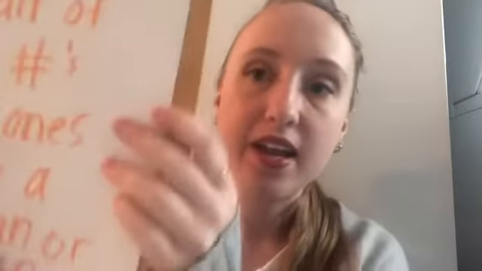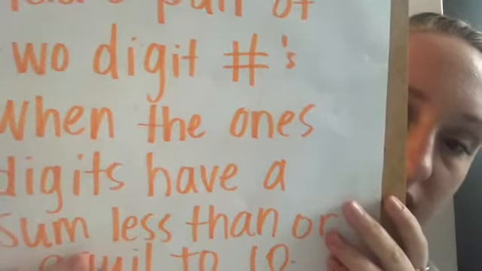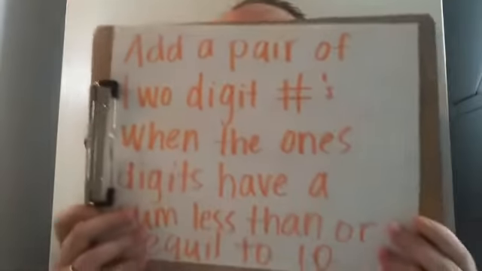Today, what we're going to learn is how to add a pair of two-digit numbers when the ones digits have a sum less than or equal to 10.